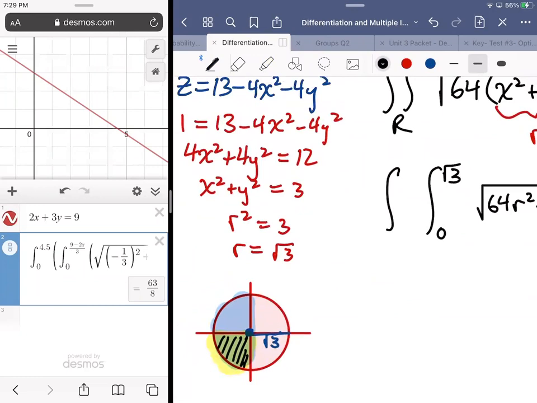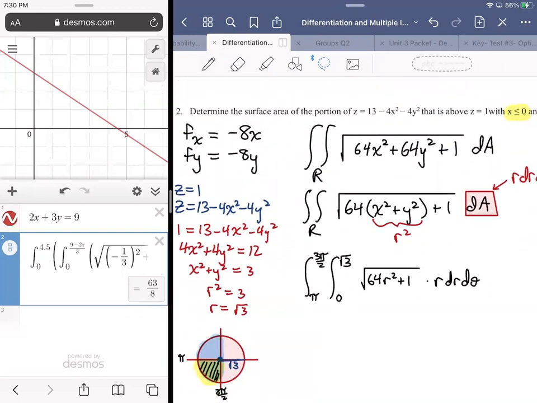Now, in terms of theta, that's the interval from pi to 3 pi over 2. And so now we have a nice looking integral here that's going to help us get the job done.